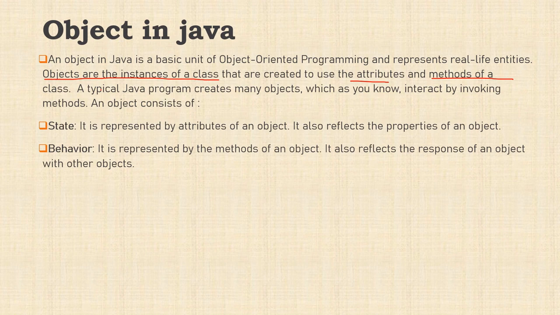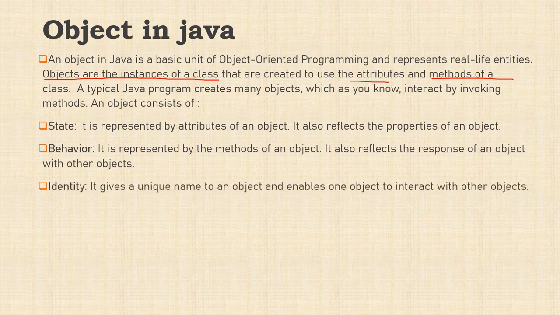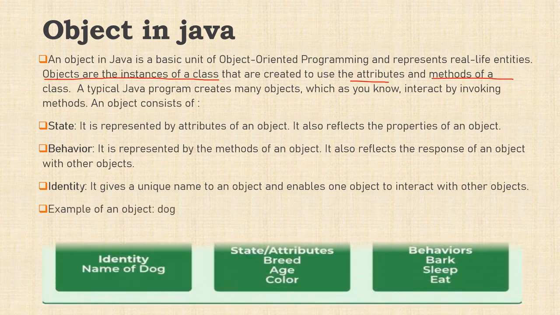It also reflects the response of an object with other objects. Identity gives a unique name to an object and enables an object to interact with other objects. State, behavior, and identity.